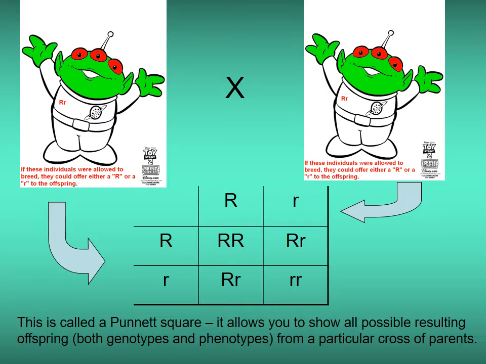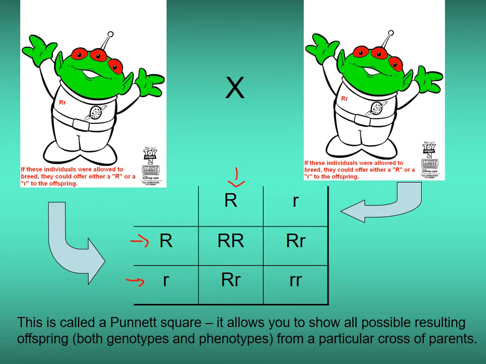All right, so now we're going to do the F1 self-pollination cross, so to speak, or an example like that. So if we let two individuals that were both heterozygous for the big R, little r trait of red to mate, one parent can give either a big R or a little r, and the other parent can do the same.